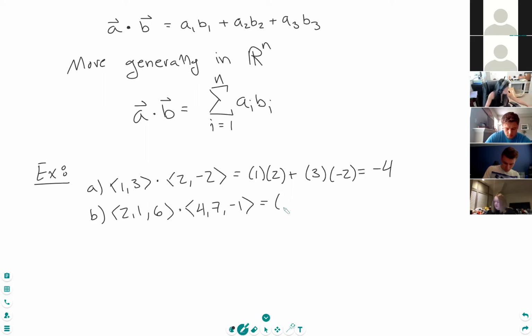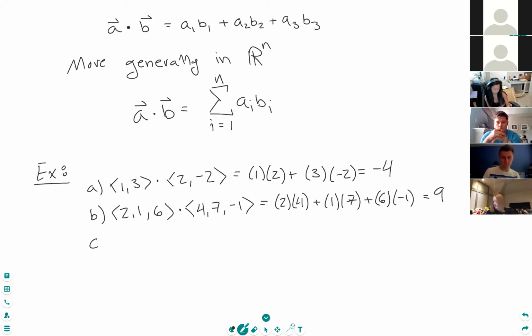So this time we look at the first entries, 2 multiplied by 4, and we add the second entries multiplied, 1 times 7, and then we multiply the third entries, 6 and -1, and this time we end up with a total of 9. Okay, and then we'll do one more.